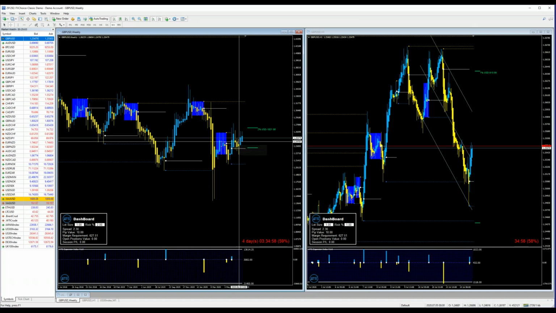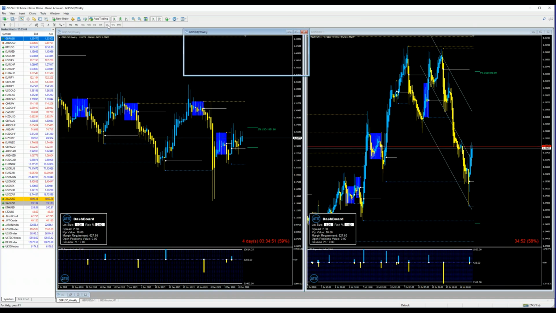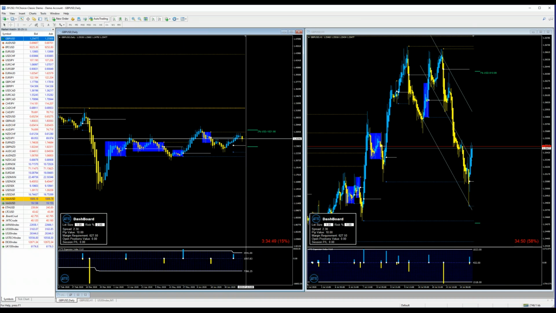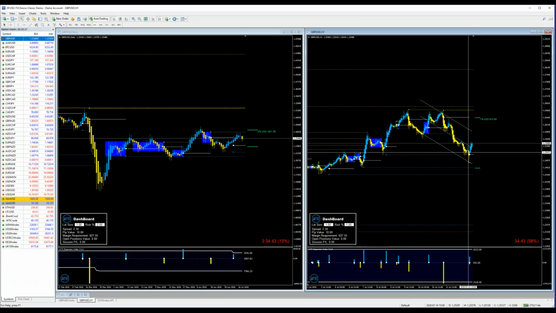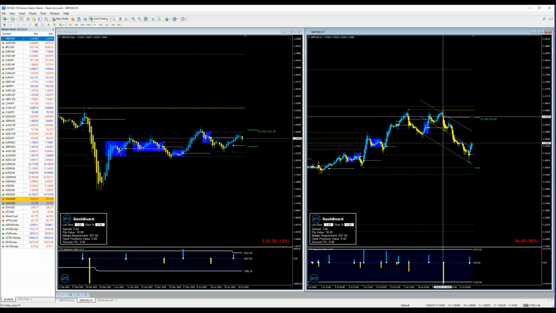Okay, so look, see the weekly, we had this rejection off of the expansion level here, which is definitely a good sign, showing that there's a good chance we're going to continue on the weekly, right? But if you look at the daily, short, so this is what I'm talking about. So now this is what could be confusing. But if you go to the hour, you had an expansion right here, and you're way under this expansion level up here, which is your highest expansion level in the weekly trend.